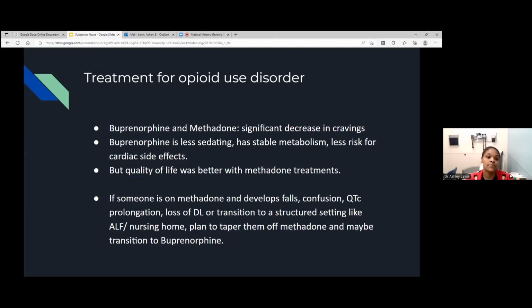But it was shown that quality of life was better with methadone treatments. But if someone is on methadone and develops falls, confusion, QTC prolongation, or transitions to a structured setting like an assisted living facility or a nursing home, plan to taper off the methadone and maybe transition to buprenorphine.